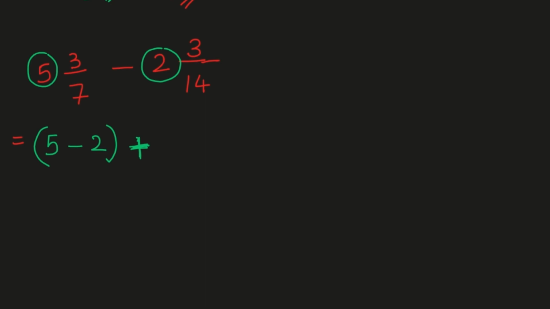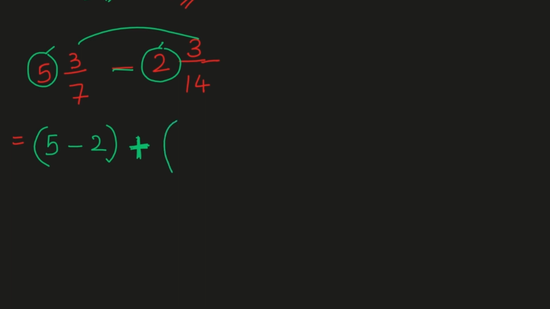I'm only subtracting this whole number part and the fraction part separately, but when I'm joining them together, I should always put plus sign here, whether the fraction needs to be subtracted or added, right? The joining of whole number and the proper fraction part needs to be done using this plus sign.